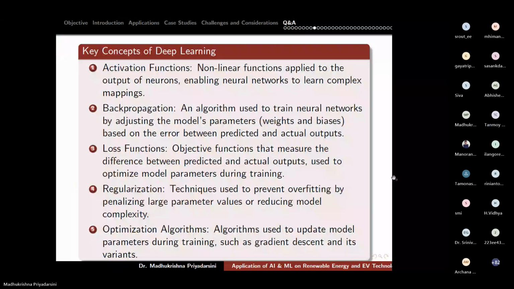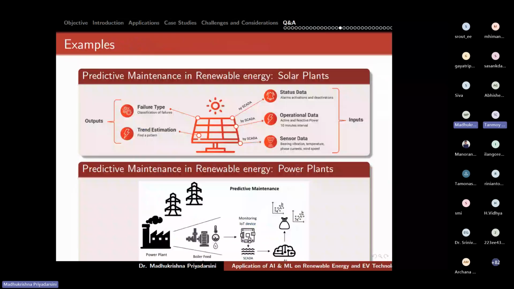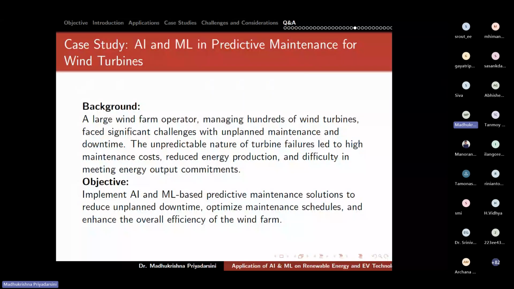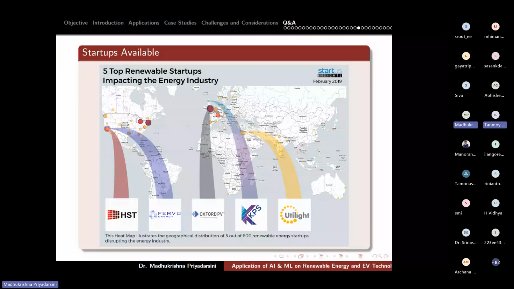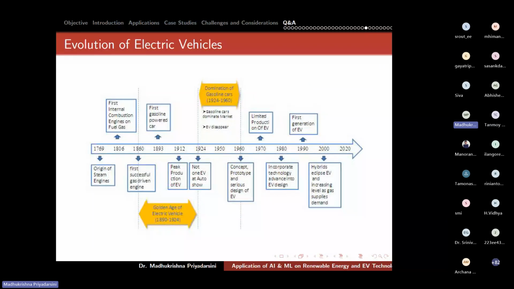So the first part we have covered, the AIML implementation in the renewable energy field, and the second part of the talk is electric vehicles. You know what an electric vehicle is and how it works, its internal details. So I'll discuss how AIML is going to work with electric vehicles.